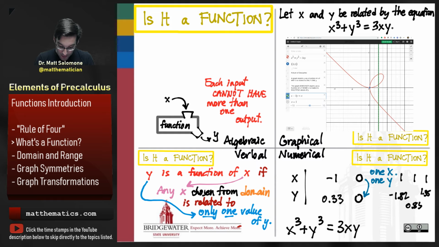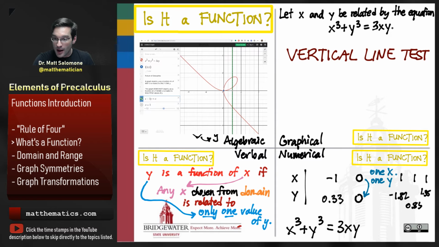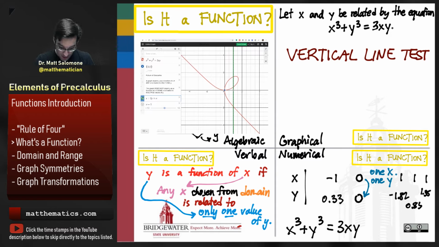Well, what we've just sort of argued for, according to the definition of function, is something that students of pre-calculus will remember as the vertical line test. And the vertical line test says that y is a function of x on my graph only if every vertical line does not intersect that graph more than once. So again, I think it's easier to think about when and why this thing turns out to be false rather than true.